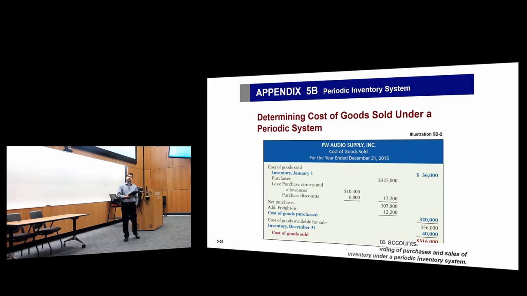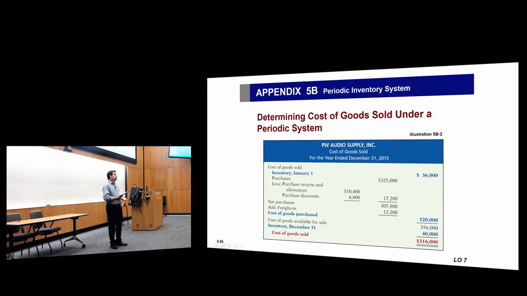The main parts here are the same. You have inventory, beginning balance, you add net purchases, right? You subtract the sales, and then you end up with the ending inventory. So you would always have that one. You have beginning balance of inventory plus purchases, net.